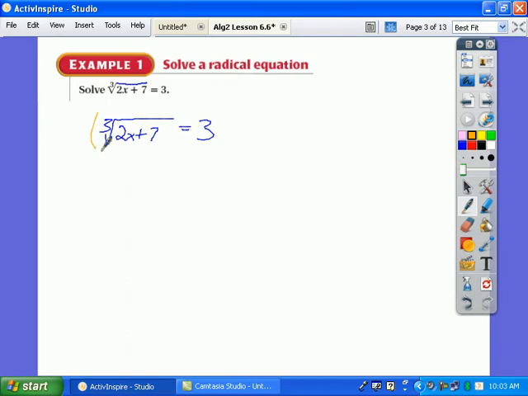So we cube here, and we cube here. And if I cube a cube root, I'm left with 2x plus 7 equals 27. It's pretty nice. Just a linear equation now. I subtract 7, 2x equals 20, x equals 10.